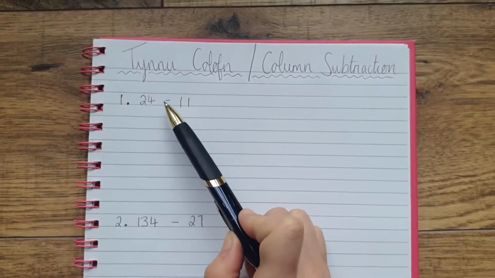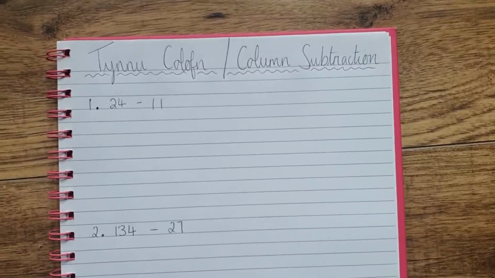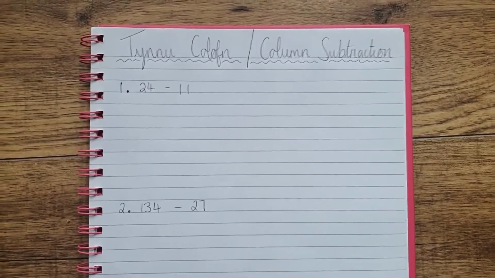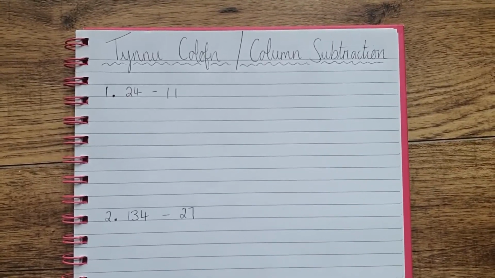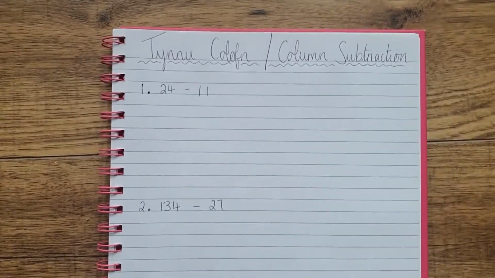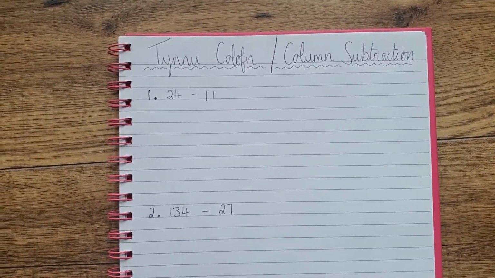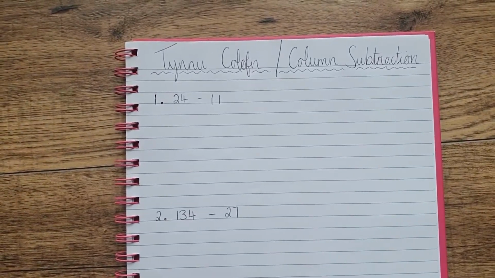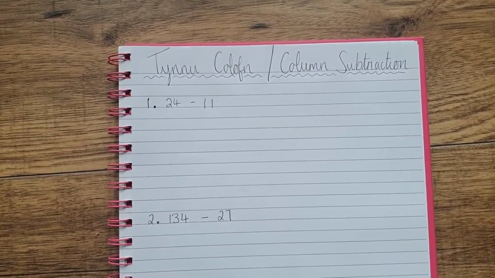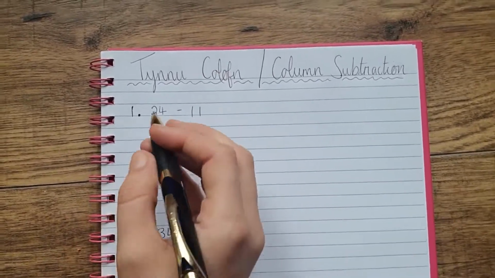So 24 minus 11. Now, if you remember back to my column addition video, I mentioned that place value really does help us with these sort of problems, and it is exactly the same for column subtraction. When we are placing the numbers in the column, we need to make sure that we're doing it correctly and in the right order. And to help us with that, we can use the place value headers.